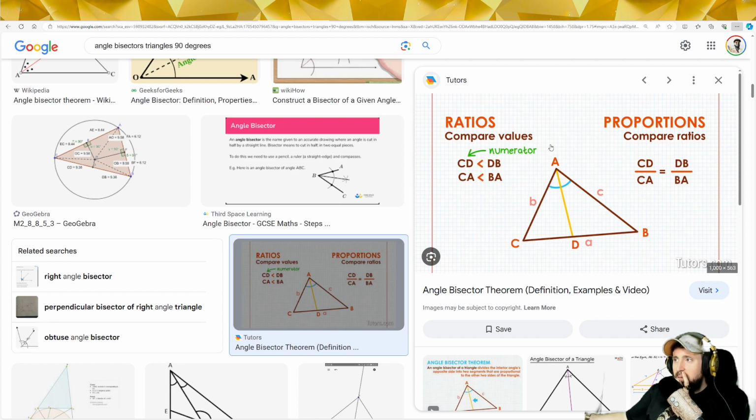CD over CA is DB over BA. Is that so? Wait, what? CD over CA. So small side to the hypotenuse is... How do I know that's the smaller side? Does that really work?